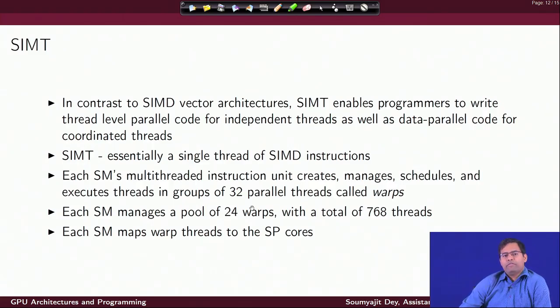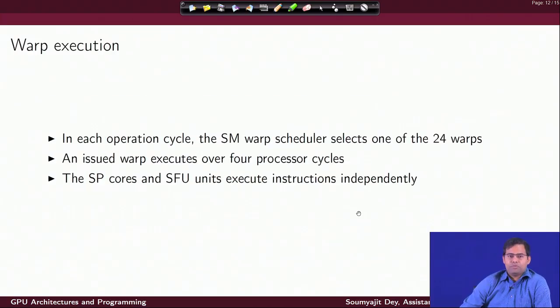So, 768 divided by 32 gives 24 warps, but each SM will map these warps to the SP cores. How that is done is also the job of the SM. Of course, again I will just repeat, these numbers are specific to the GPU architecture we have been talking about. With different GPU cards, these numbers keep on changing and they become much bigger with modern GPUs.